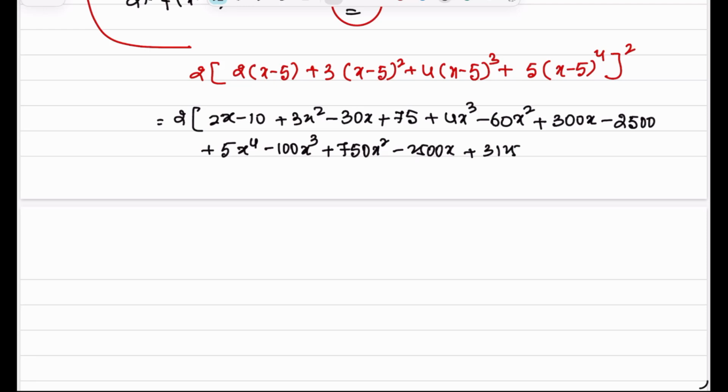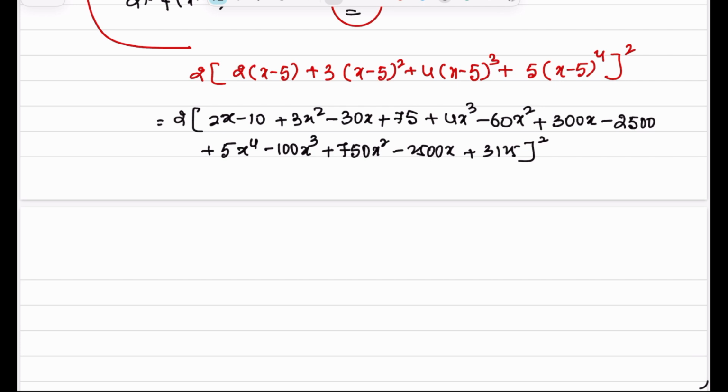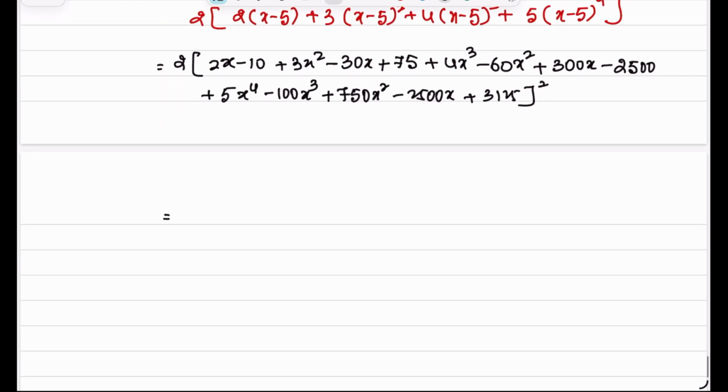5 into 5 is 25, 125, 625. This whole square. That means 2 into all x's on one side, and all x squares we will write in the ascending order.